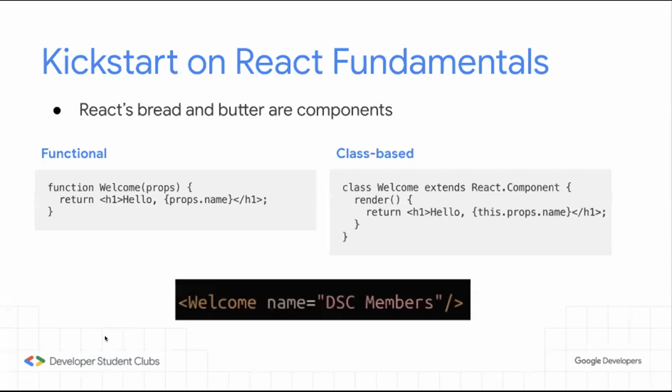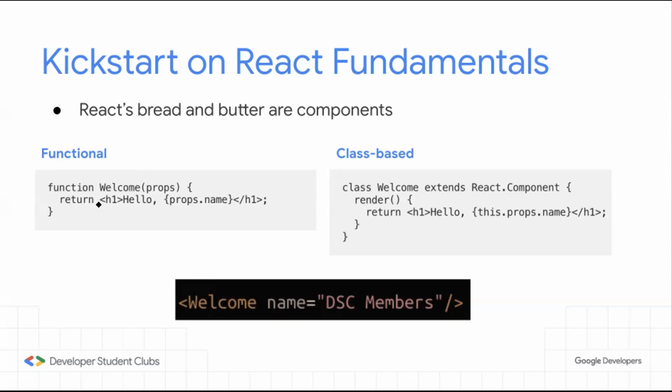So with that being said, let's dive a little bit deeper into what components are and what these specific components do. If we look at these two components, we can realize that A, they do the same thing, but B, it's not that hard to see what they do. For example, I can look at this component here, and I can see that it's called Welcome, and we pass in this thing called props.